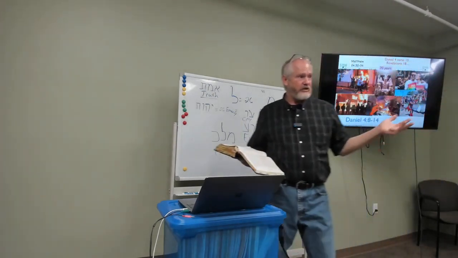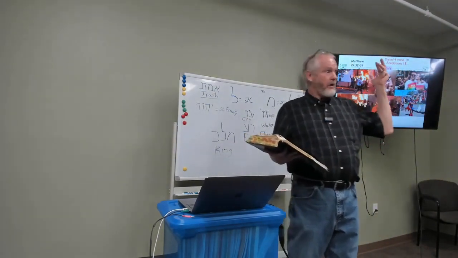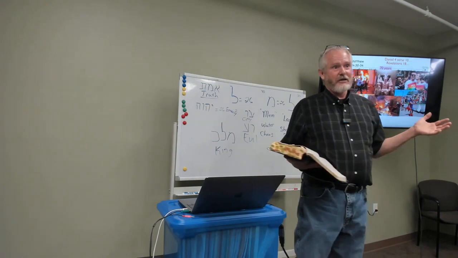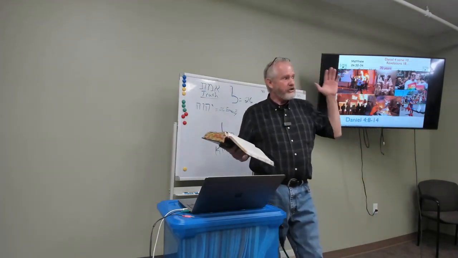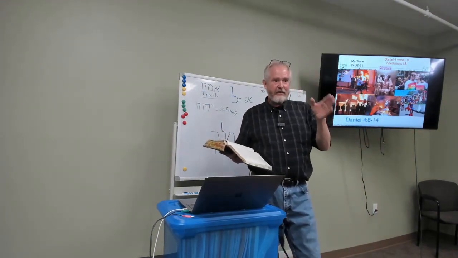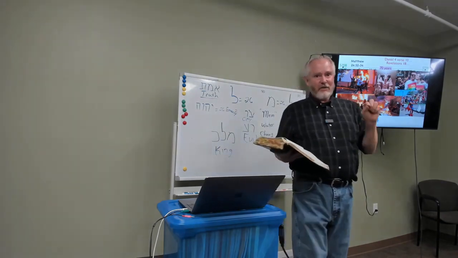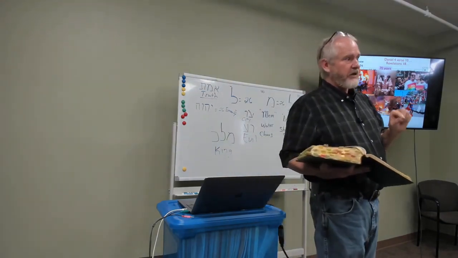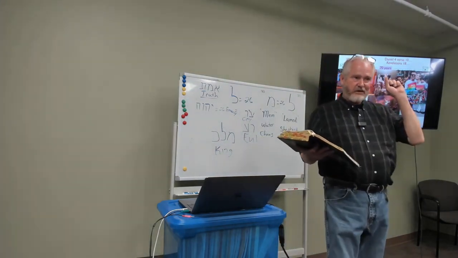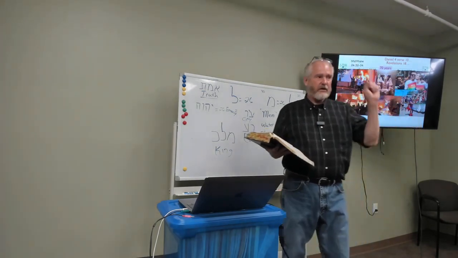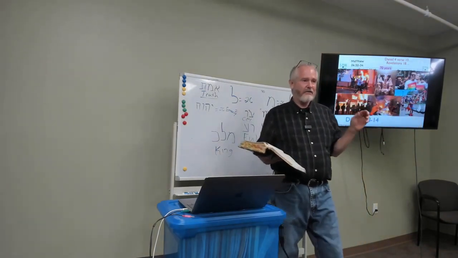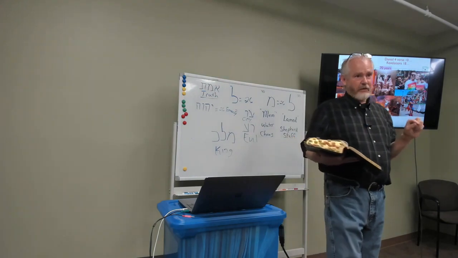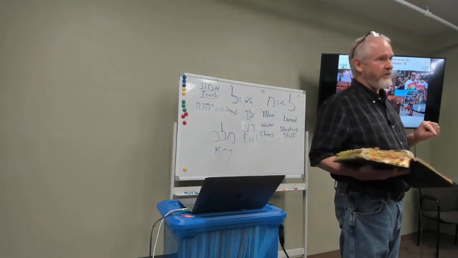The Spanish Inquisition happened on the 9th of Av. I mean, you can go down the list. And it's judgment. That day on the Hebrew calendar, the month of Av on the 9th, has been judgment since the 10 witnesses brought back the bad report out of the 12.